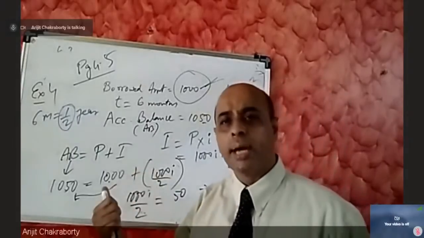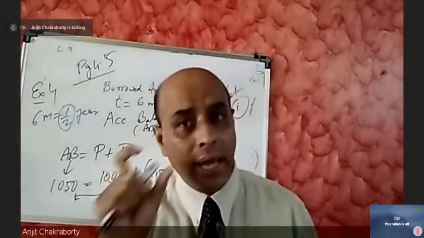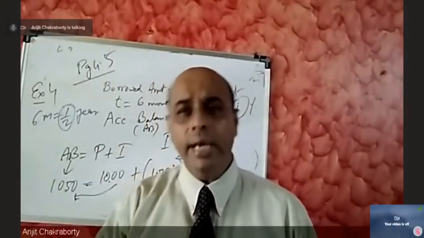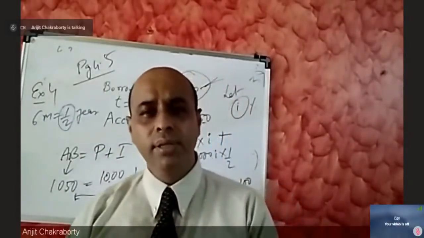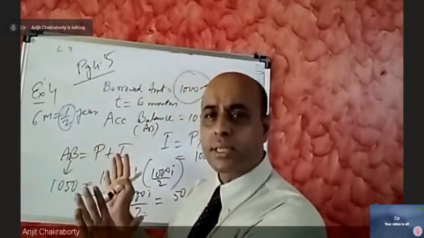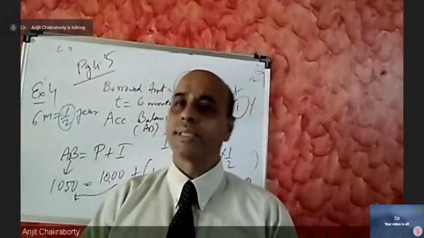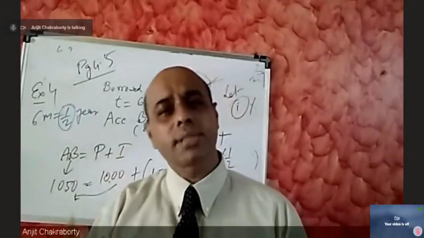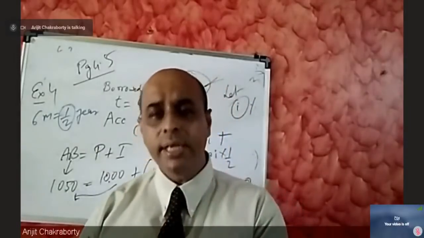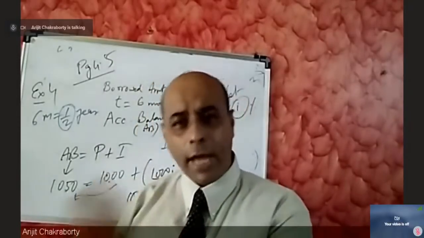In this example, we have to find out the time during which the money was invested. As I told you, there are 3 variables, 3 parameters, 3 parts to these questions. First is principal, second is interest, and the third is time. And interest is nothing but the principal amount multiplied by the interest rate and the time period.